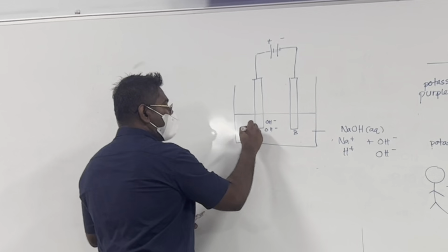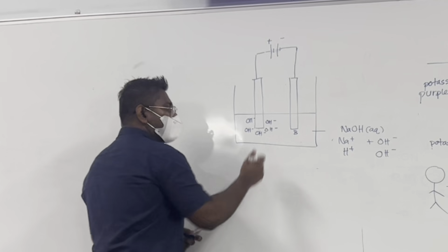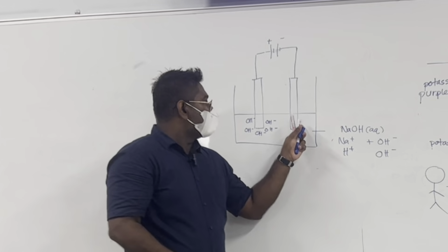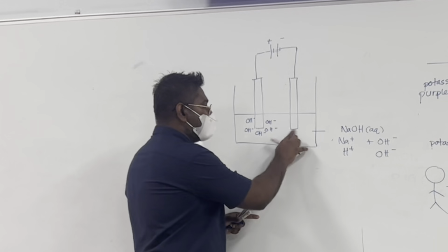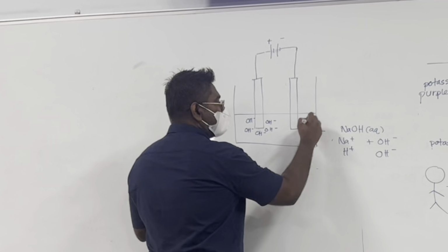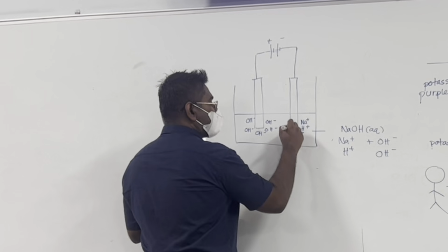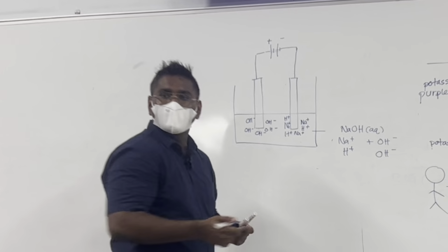OH- will always surround here. Please remember this. This is going to be negative, so the positive ions will surround over here, which can be Na+, H+, Na+, H+, Na+, H+. They will surround.